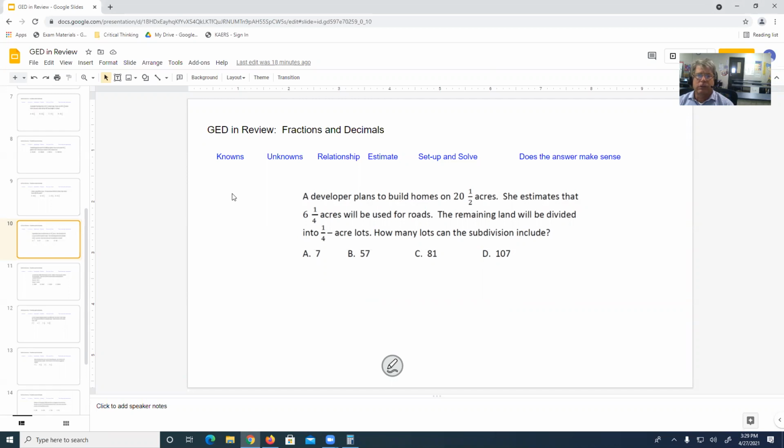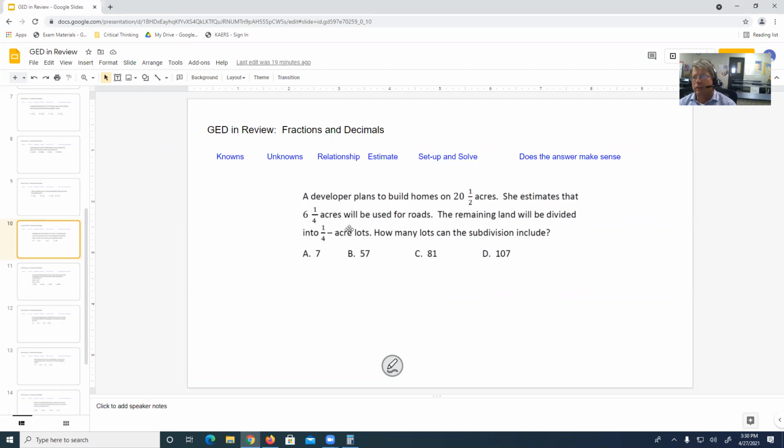So on this question, we have a developer who plans to build homes on 20.5 acres.